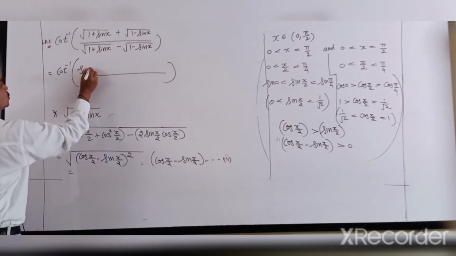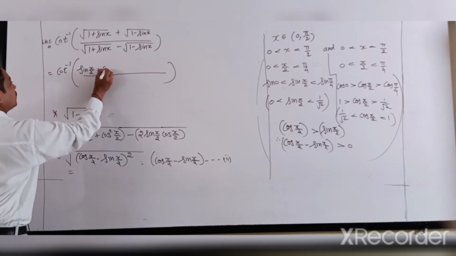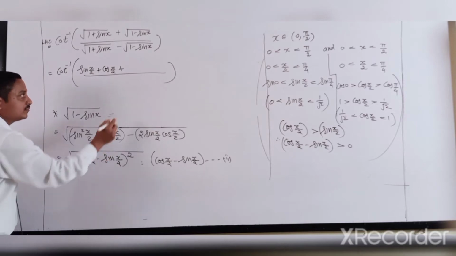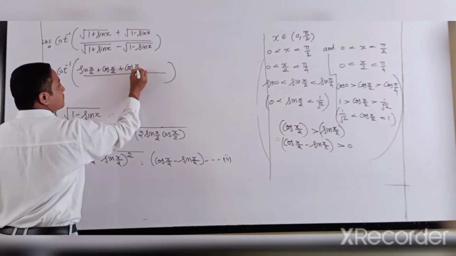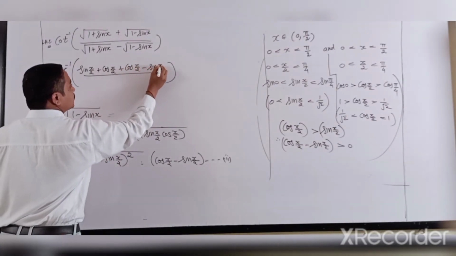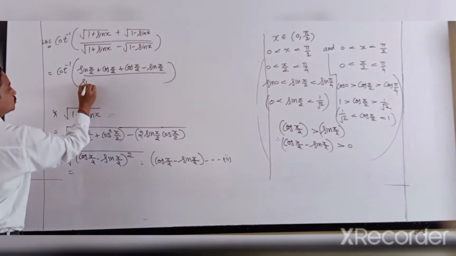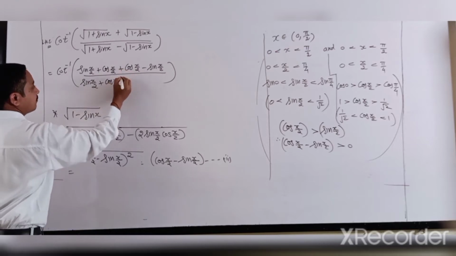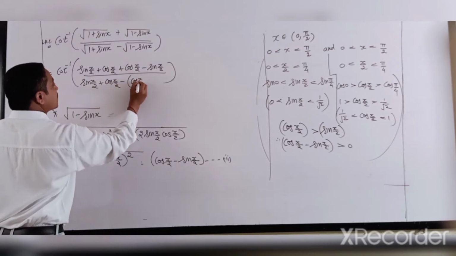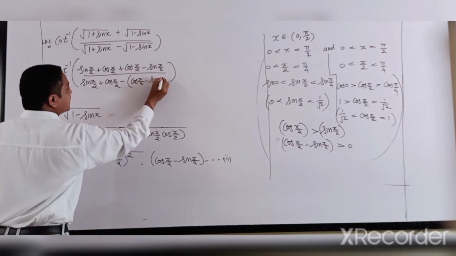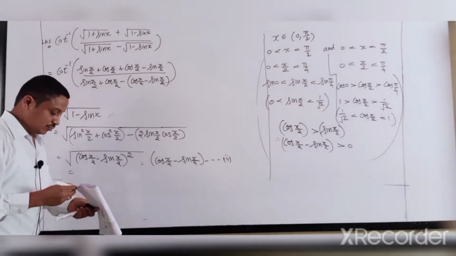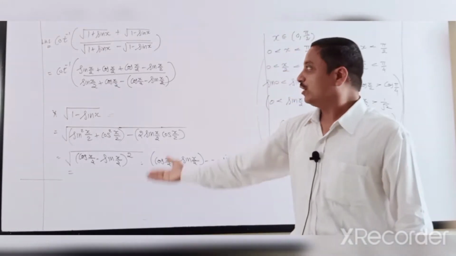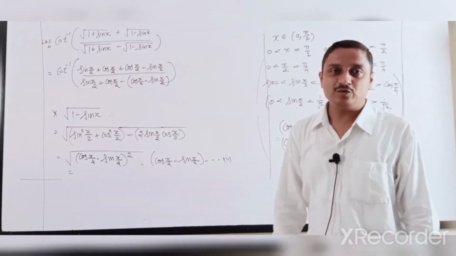Sin x by 2 plus cos x by 2 plus this value, cos x by 2 minus sin x by 2. Similarly here, same as you treated, minus cos x by 2 minus sin x by 2. Now, students, our numerical is almost done. Only simplify the internal case and you get your answer.